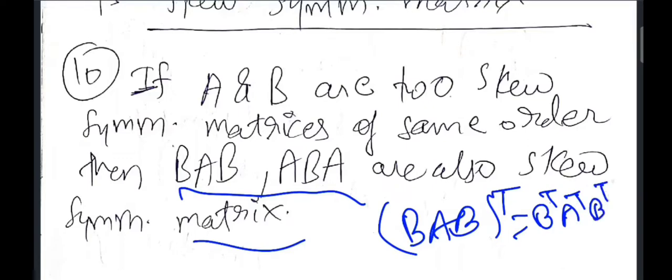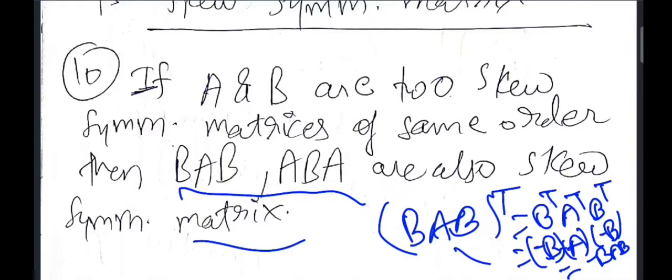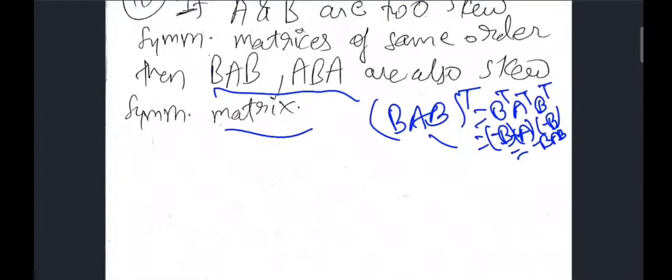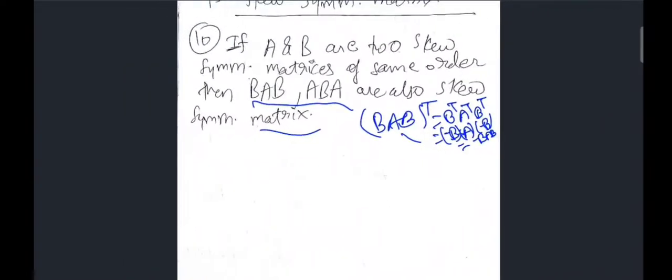You know very well that A transpose equals minus A, and B transpose equals minus B, because A and B are skew symmetric. So one minus sign will remain, minus BAB will come. Then it is clearly skew symmetric. So you can easily solve this tenth property. It is of no use to discuss it in detail over here.